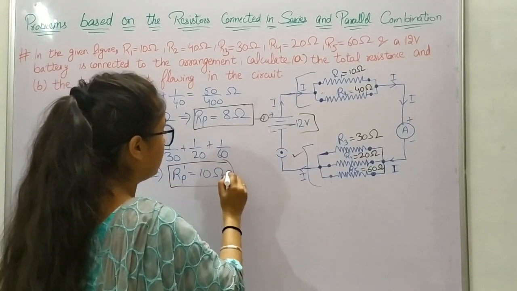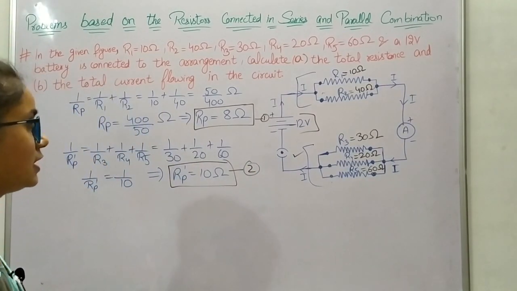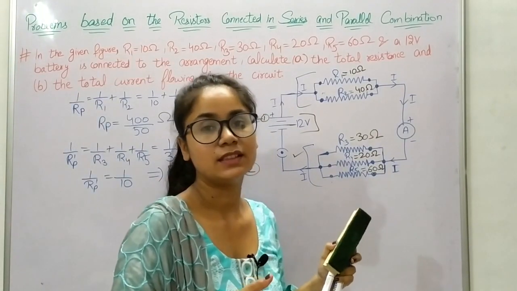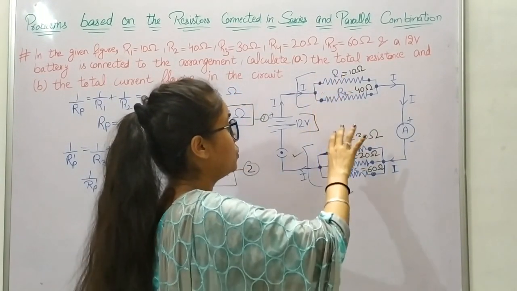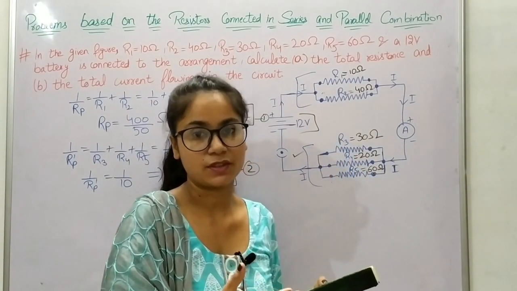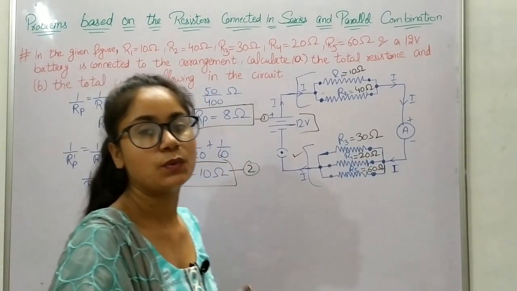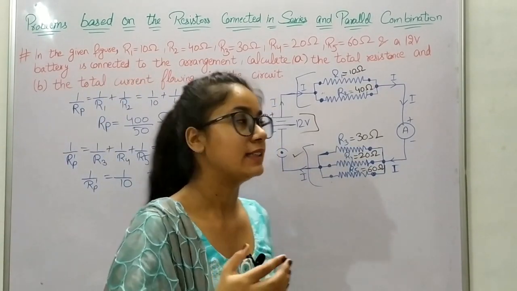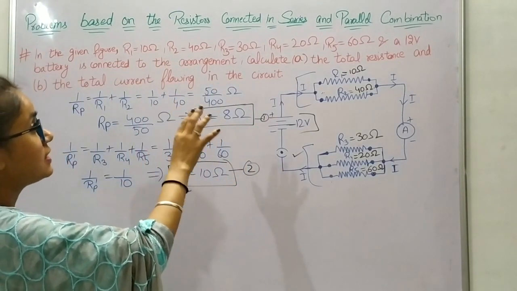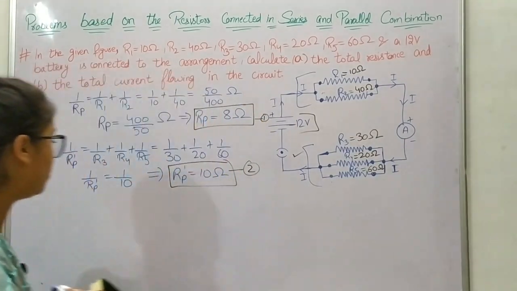So we have found the value of this part too. But how did we find it? We applied the parallel combination in these two parts. But as you can see from this figure, now these two and these three are in series combination with respect to each other. So to find the total resistance in this circuit, we have to calculate the series part too. What is the formula for that?